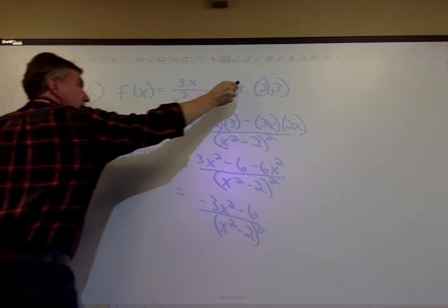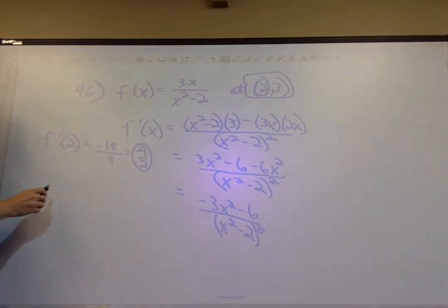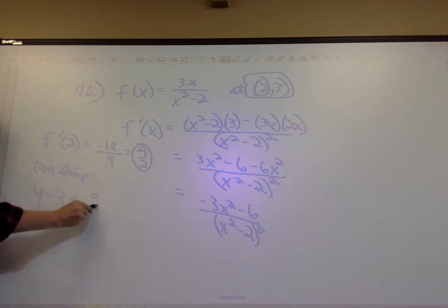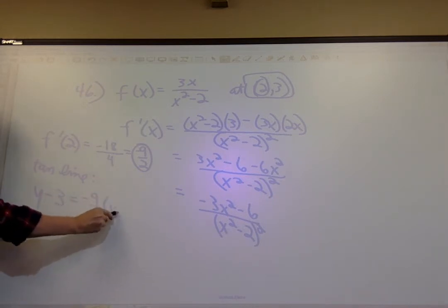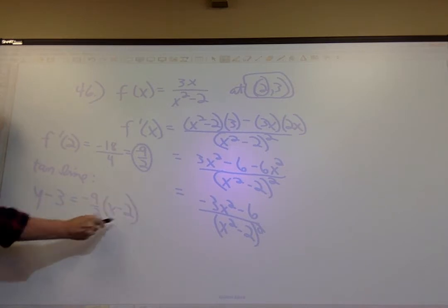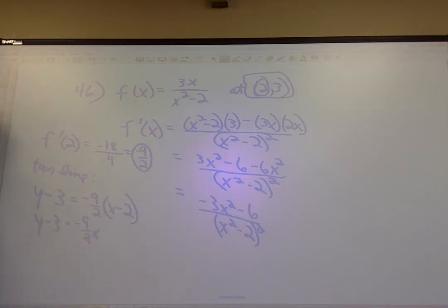So now can we use that point and write our equation of the tangent line? Y minus y1 equals what? Negative 9 halves times x minus 2. Yes. Y minus 3, negative 9/2 x. What's the constant when I distribute?